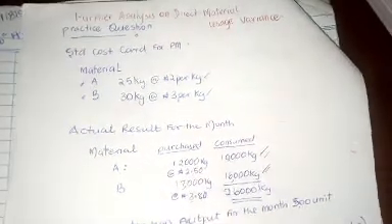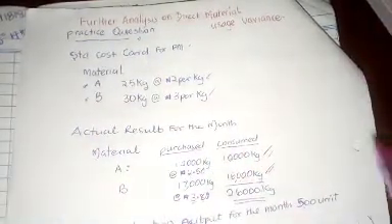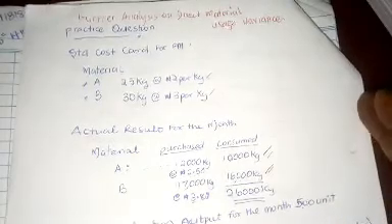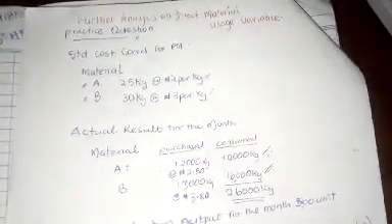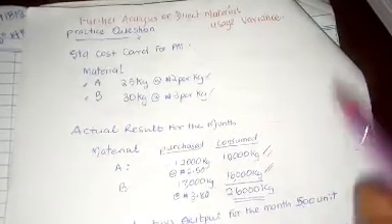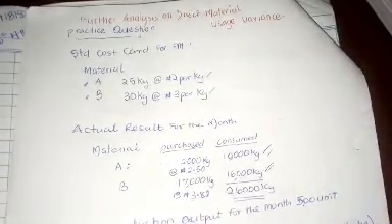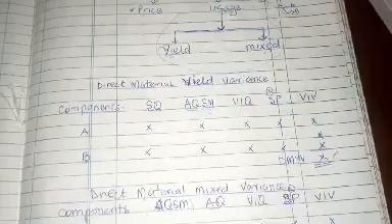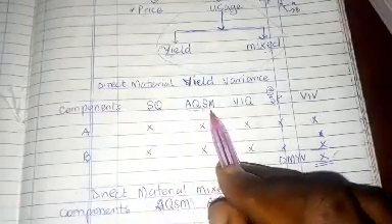Hello students, in this video we will continue with the further analysis on direct material usage variance. If you have not watched the last video, please do that before you continue with this video. We are going to use this question to demonstrate that concept, specifically the computation of standard quantity and actual quantity on standard mix.